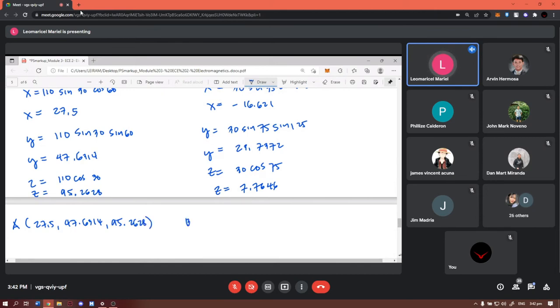Then your vector B, having the coordinate of negative 16.621, 23.7372, and 7.7646.